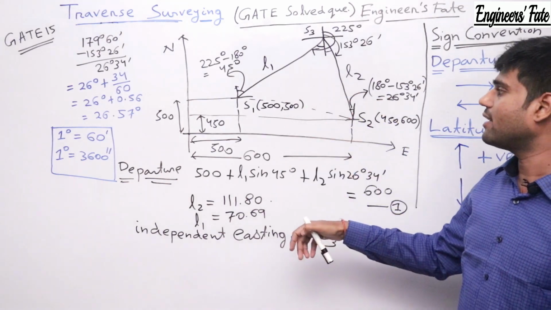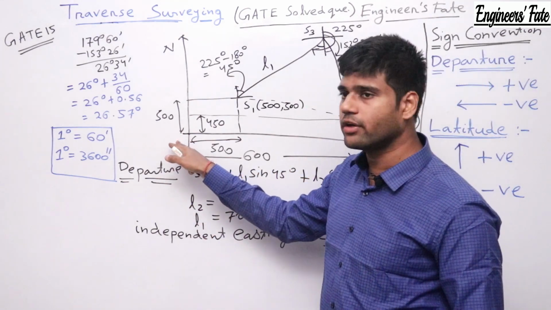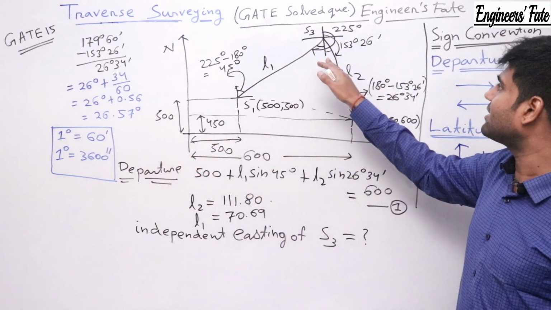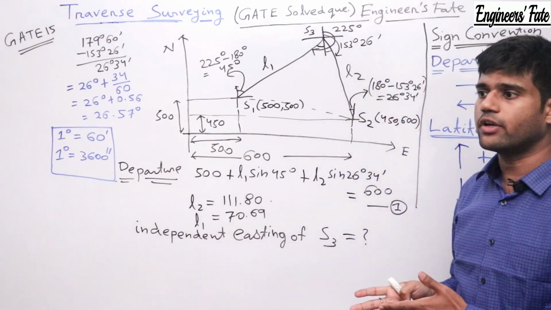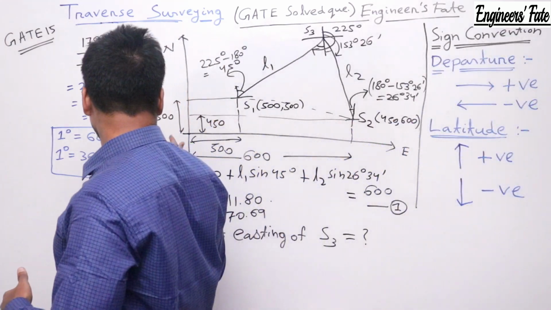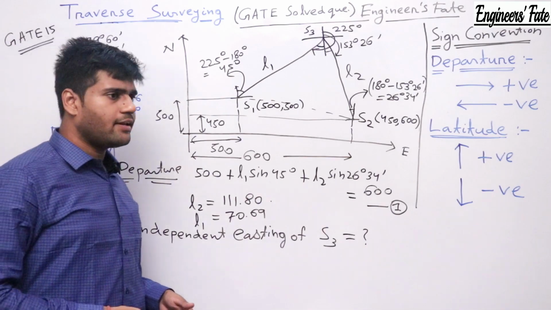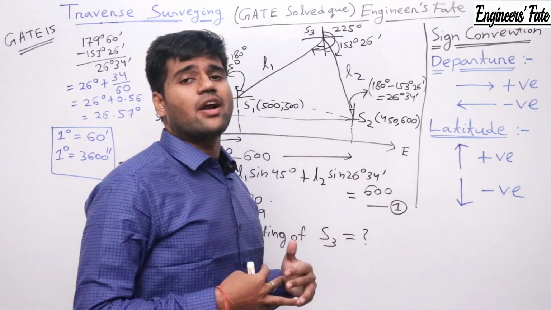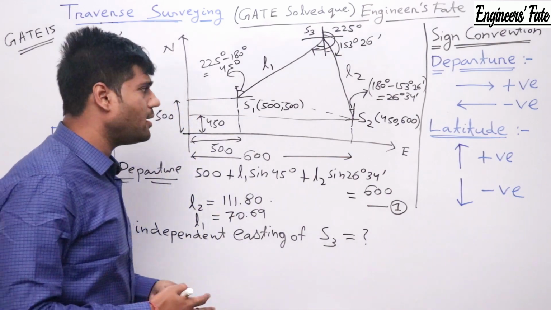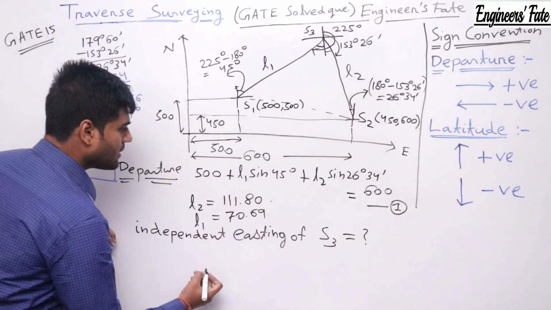So how can I find that? Again I have to travel from the origin, then reach this station S3, so I can find the departure coordinate. Means I am here at the origin, I will travel towards this station S3, so whatever the coordinate, that will be my independent easting of S3.